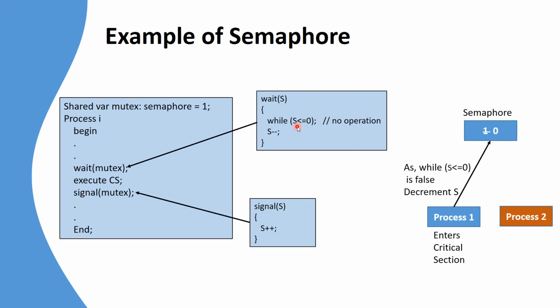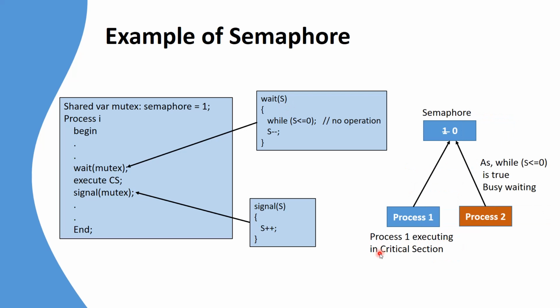It checks the condition in this particular while loop: is 1 less than or equal to 0? This condition is false, so it decrements the value of s. You can see here, decrement the value of the semaphore. So 1 is changed to 0 and process 1 enters the critical section. Now process 1 has entered the critical section, so process 2 can now execute the wait operation.